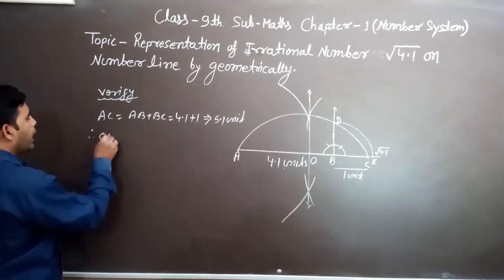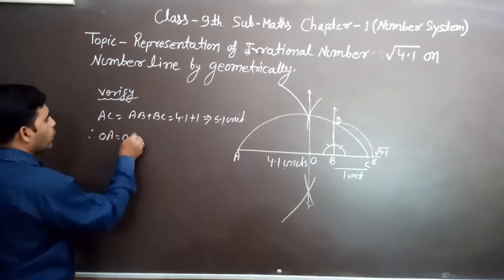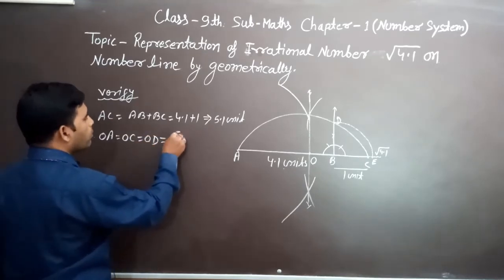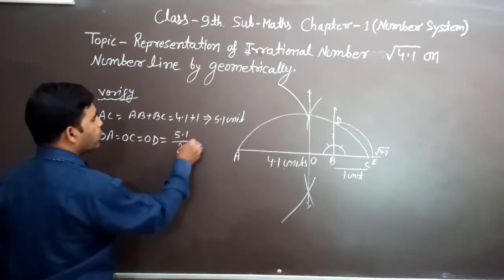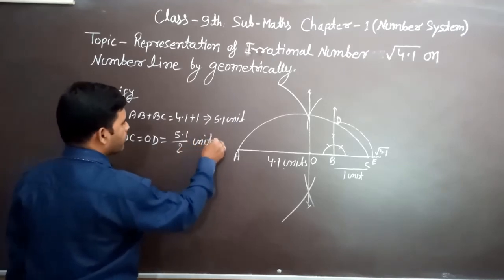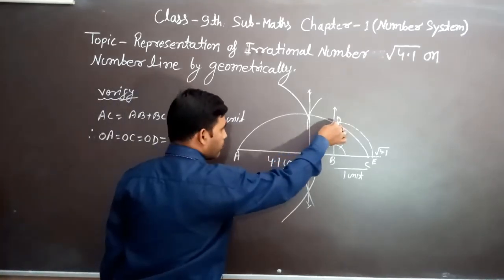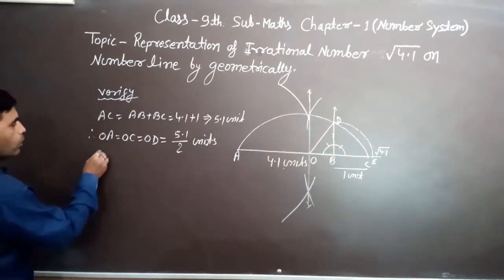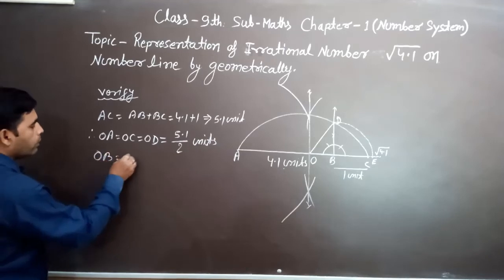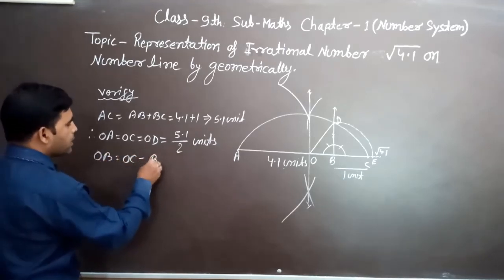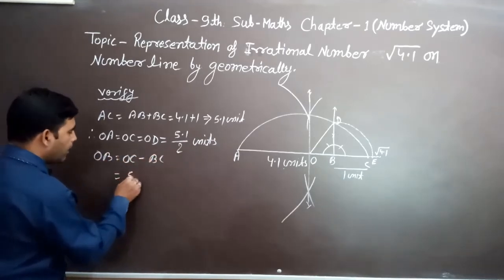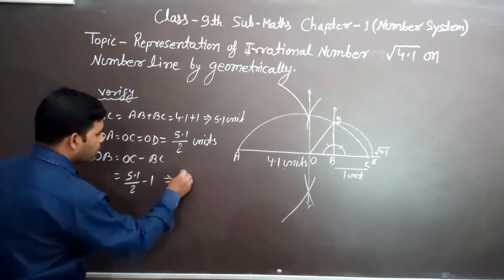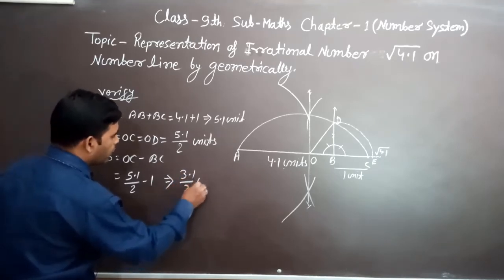Therefore, OA is equal to OC is equal to OD is equal to 5.1 upon 2 units. OB is equal to OC minus BC, then 5.1 upon 2 minus 1, then we get 3.1 upon 2 units.